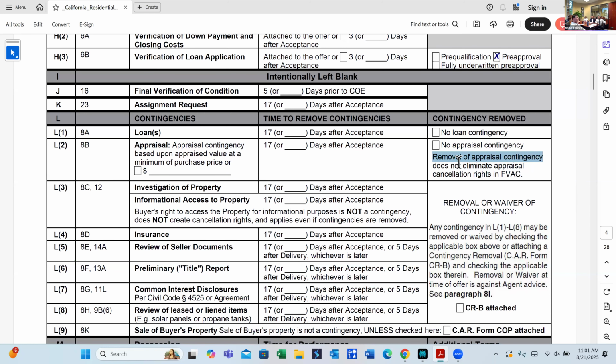Loan, well, there is no loan contingency, right? Let's assume, here's another aspect. I stated in here that I'm gonna put 20% down, or maybe I said I'm gonna pay all cash. But during the process, I changed my mind and I wanna get a loan and I wanna put 10% down.